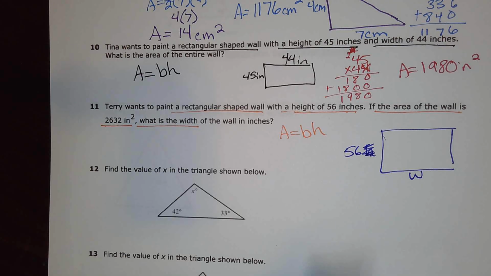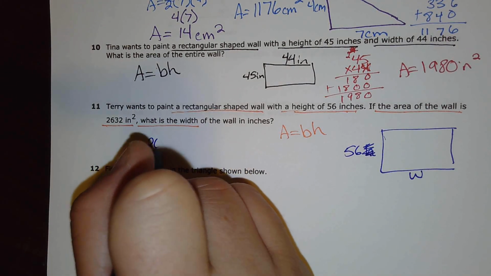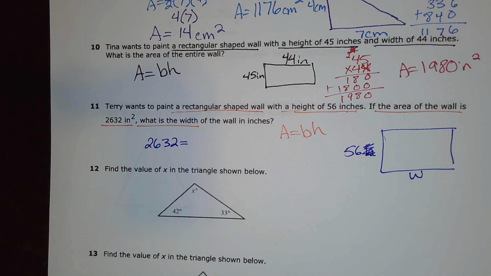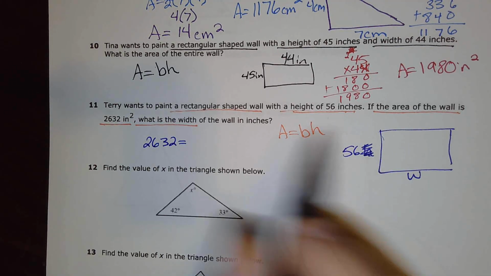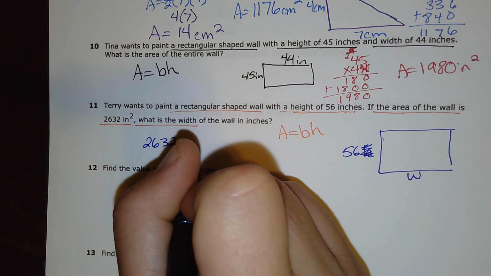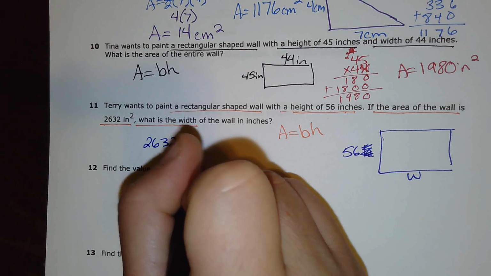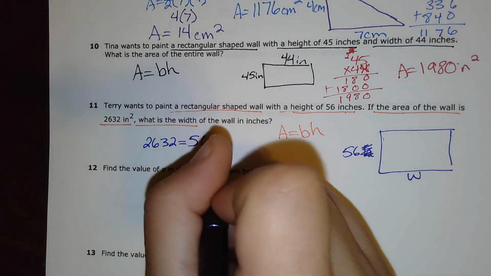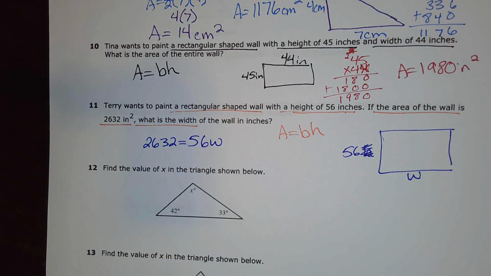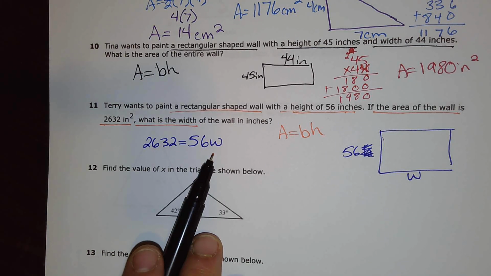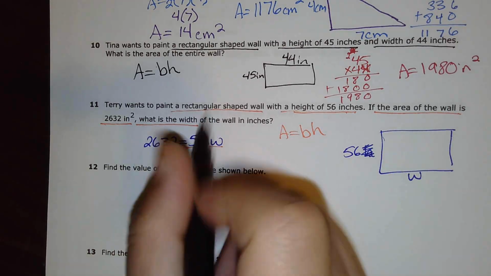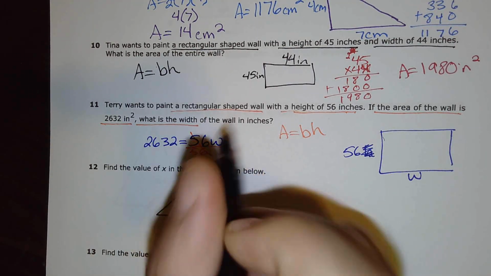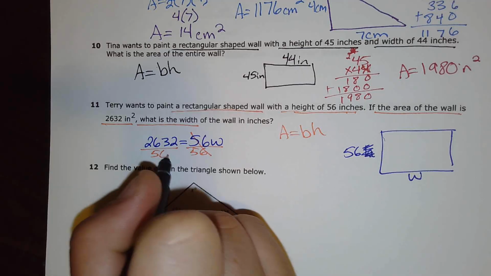But they tell us our area, 2,632. So basically 56 times W, which is going to be 56W. Then we perform inverse operation to isolate the variable here. So once we do that, we divide both sides by 56.